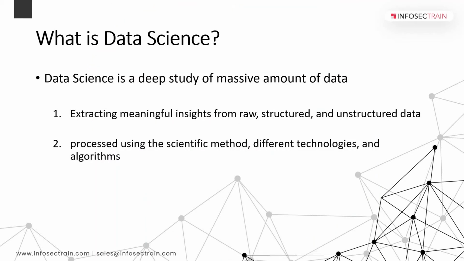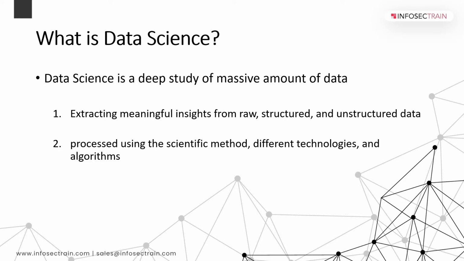So we can say that data science is a science of extracting insights from data, and this is the most explained definition of data science. According to this, data science is a deep study of massive amounts of data.